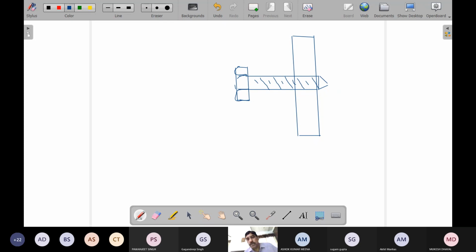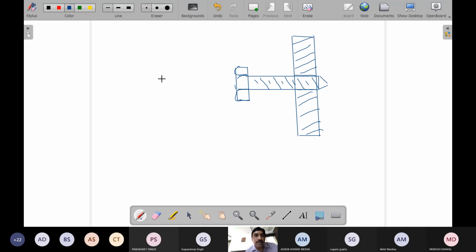Now, in order for me to put it in a plate, this is a solid plate, could be steel, for example, that means I must have corresponding threads here. Then only I can screw it in.